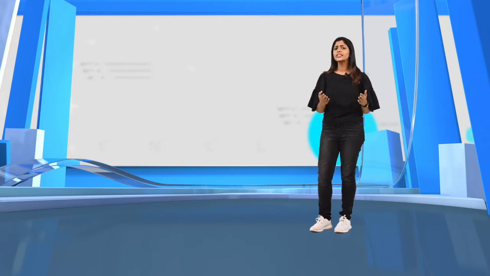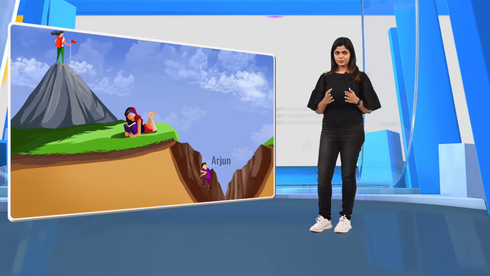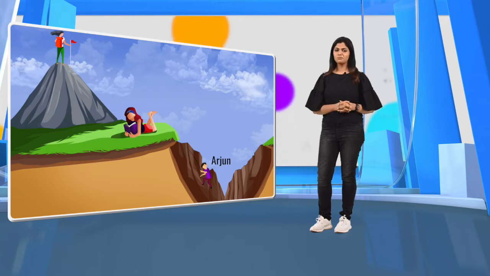Let's say that in order to see and understand different landscapes, some of you have decided to go on a field trip. Suppose Arjun decided to go down into a canyon and take a look at what was going on at the bottom.